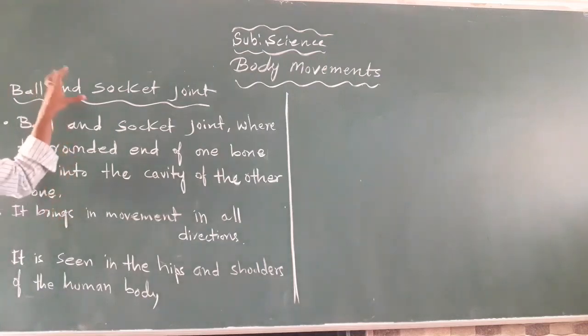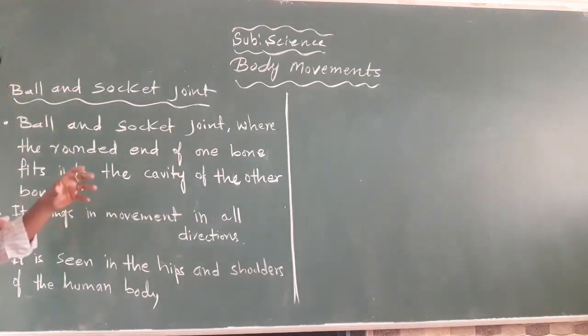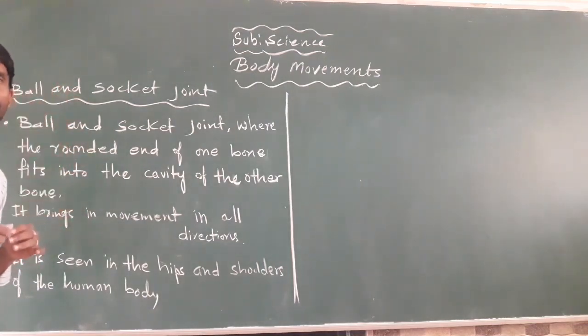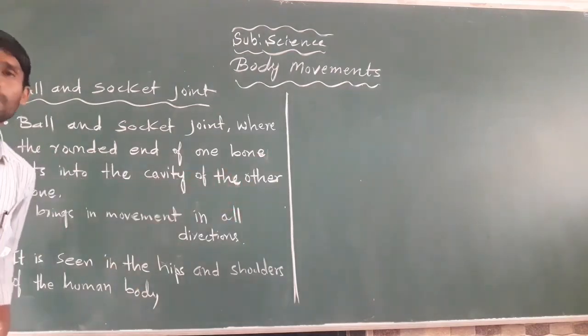That is what we call a ball and socket joint. This ball and socket joint is present in our body in the shoulders and hips.